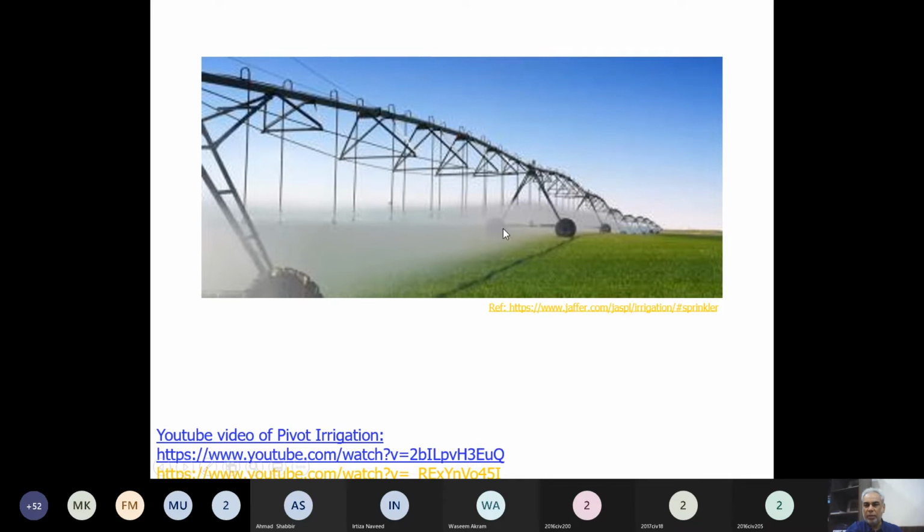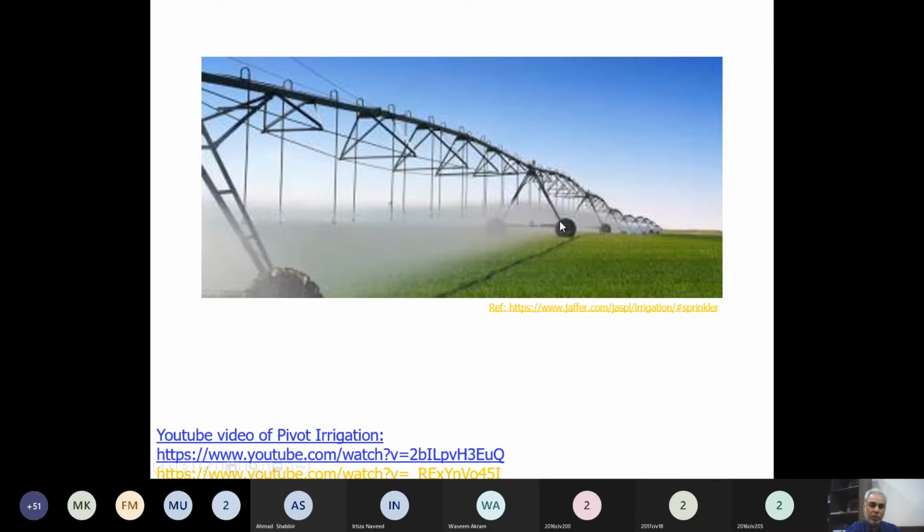So the speed of these wheels is controlled by electronic control devices located over here. That device measures the angle or twist between these two spans, and then it can increase or reduce the speed automatically, so that there is no twist between two spans.